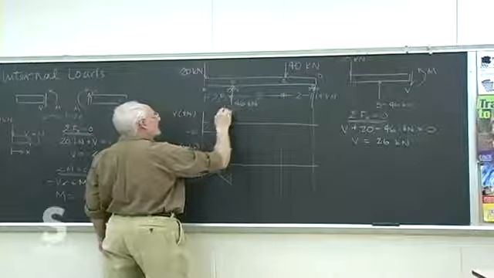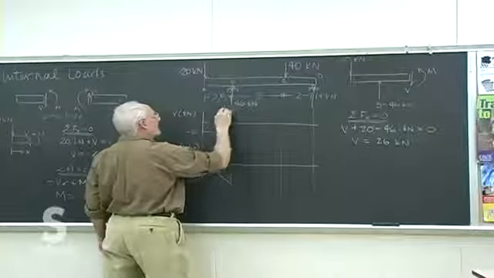And then the last piece, from C to D. Remember, we have to do this every time there's a change in the load in some way. So we have that there. We have B here, which is 46 kilonewtons up.